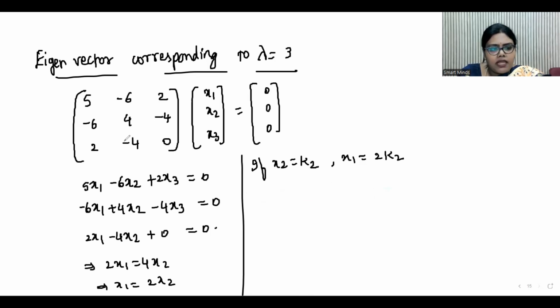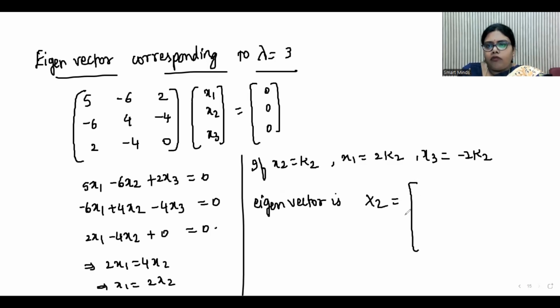If x2 is k2, then x1 is 2k2 and x3 will become minus 2k2 if you substitute. So what is the eigenvector? Eigenvector x2 is equal to, what is the coefficient of k2 in x1? 2. Then in x2 it is 1. In x3 it is minus 2. This is the eigenvector.